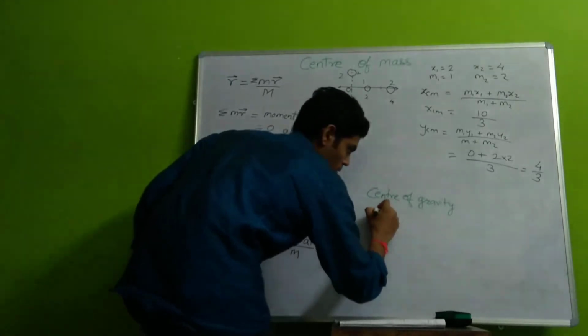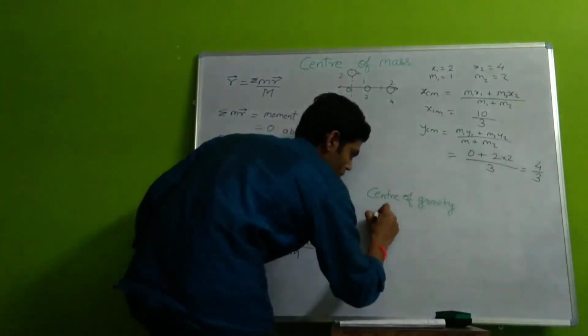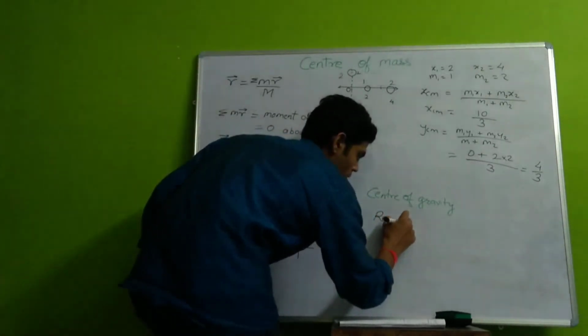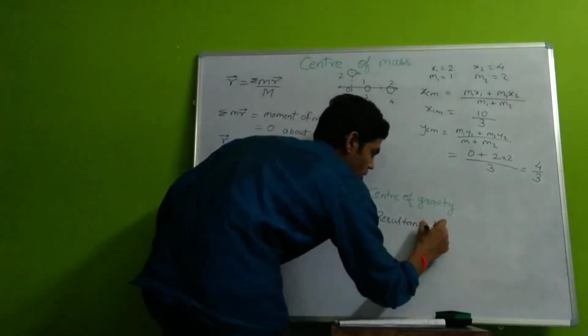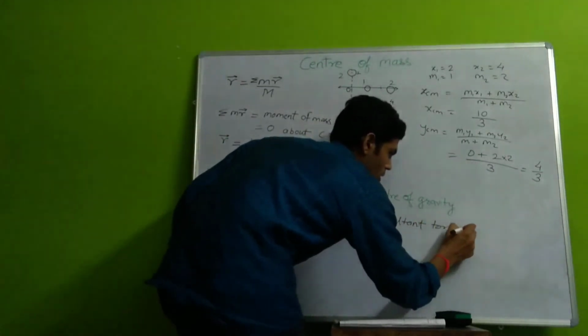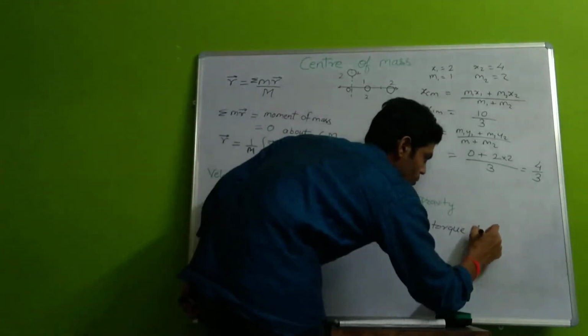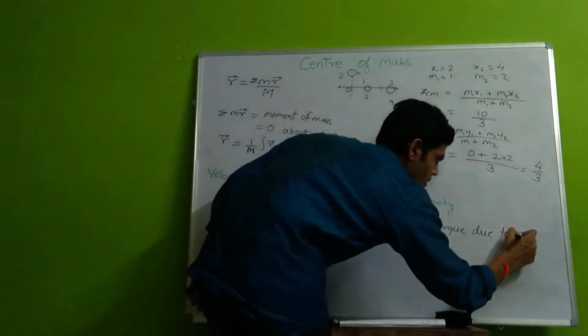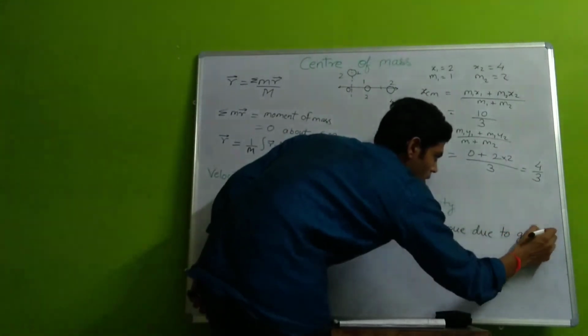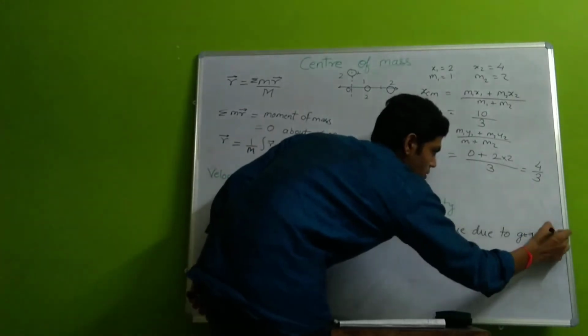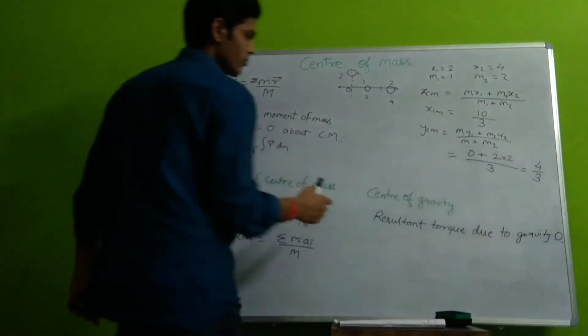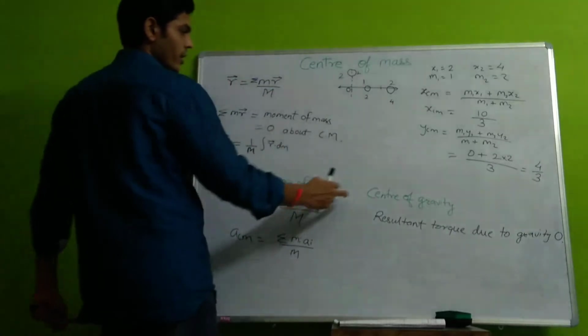So we define center of gravity as the point where the resultant torque due to gravity is 0. So this is how we find center of gravity.